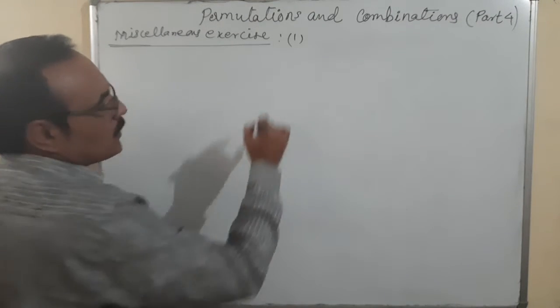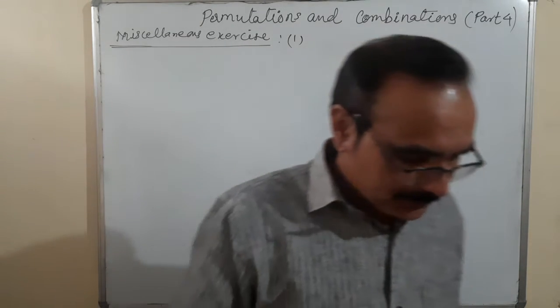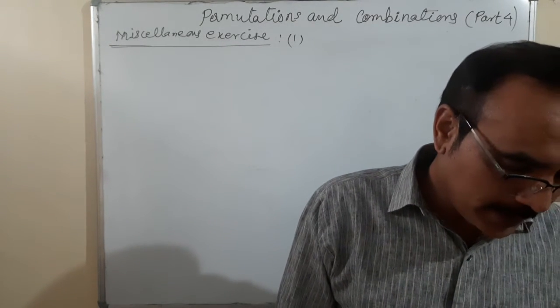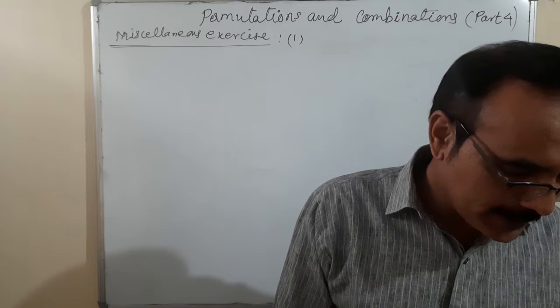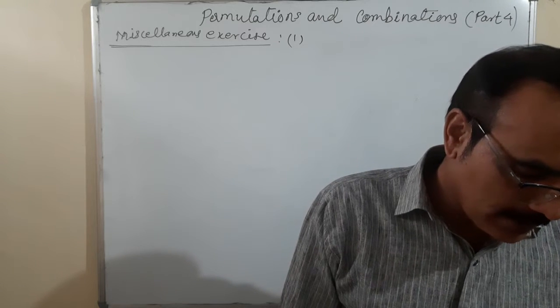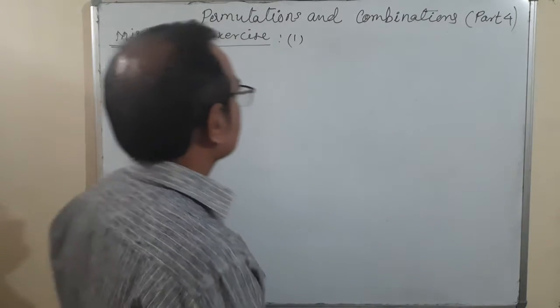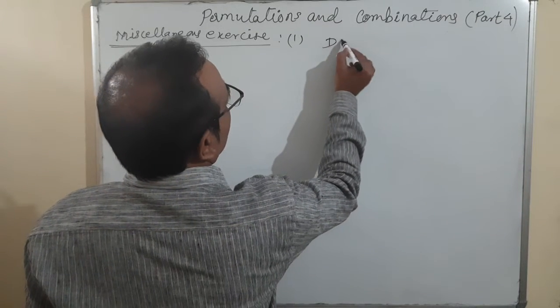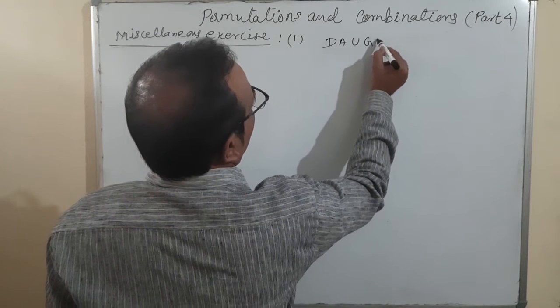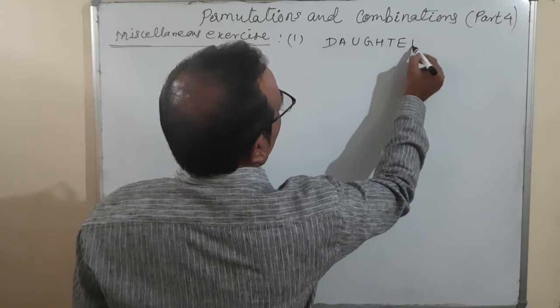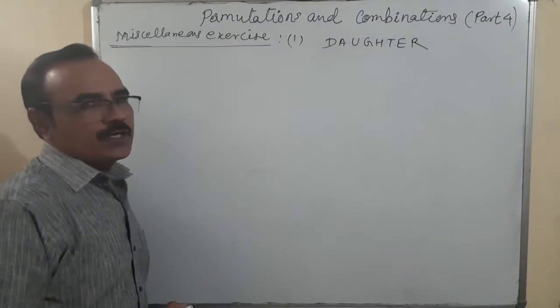Starting from question number one. How many words with or without meaning, each of two vowels and three consonants, can be formed from the letters of the word daughter? This is the word daughter.